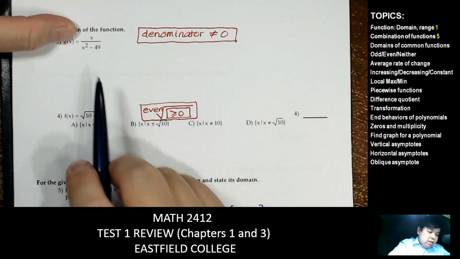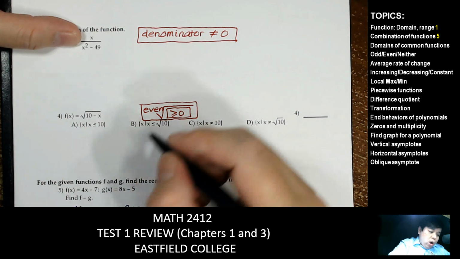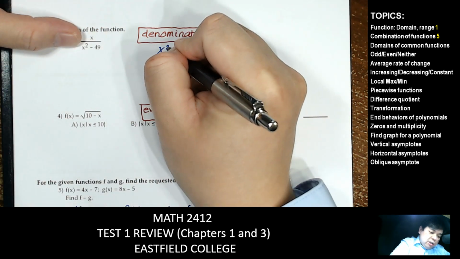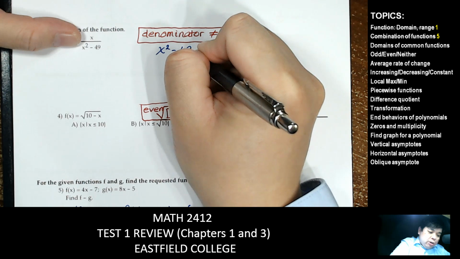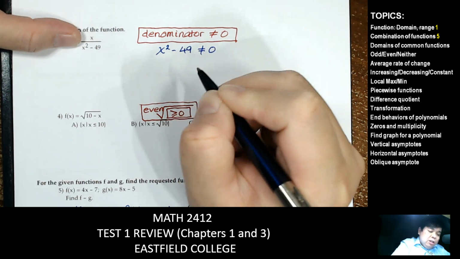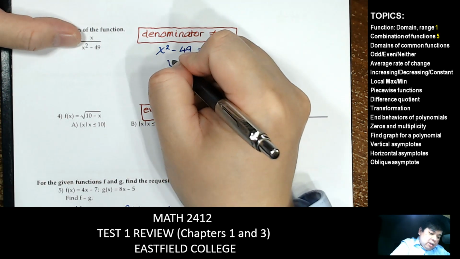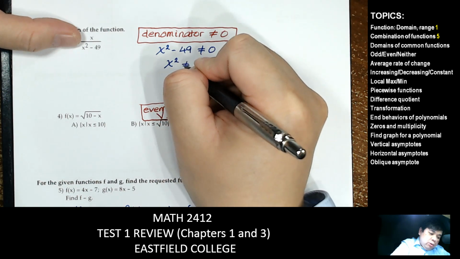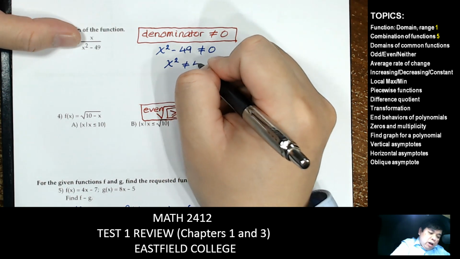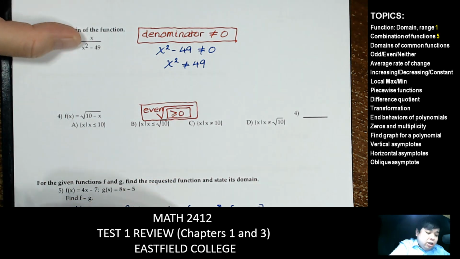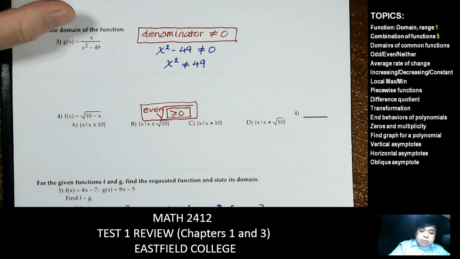So first we have this, the denominator is x squared minus 49, and that cannot equal 0. So we solve for x squared not equal to 49, adding 49 to both sides, and then we take the square root.